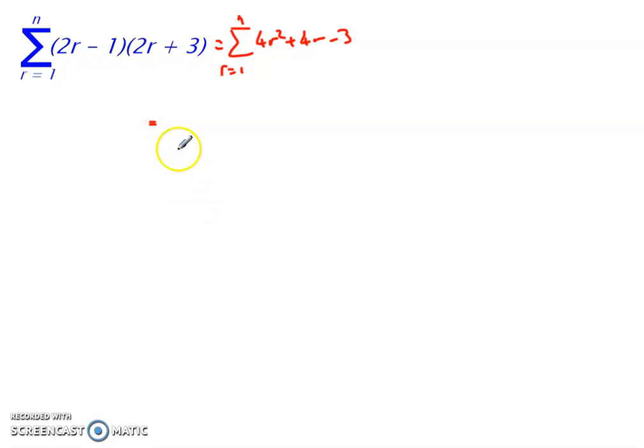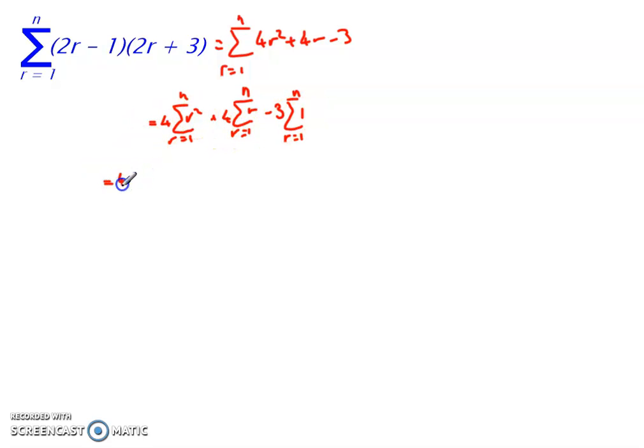So if I then split it all off, I get 4 times the sum from r equals 1 to n of r squared, plus 4 times the sum from r equals 1 to n of r, take away 3 times the sum from r equals 1 to n of 1. Now I know what all three of these are equal to in n terms, so it's substituting those in and then manipulating it about.